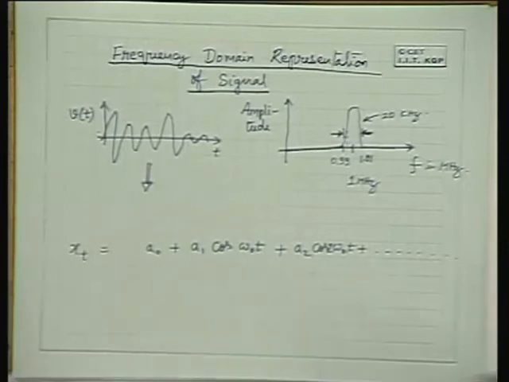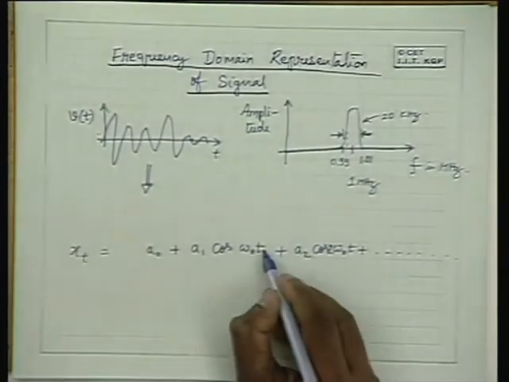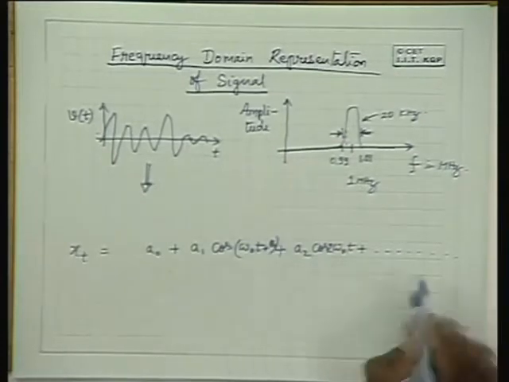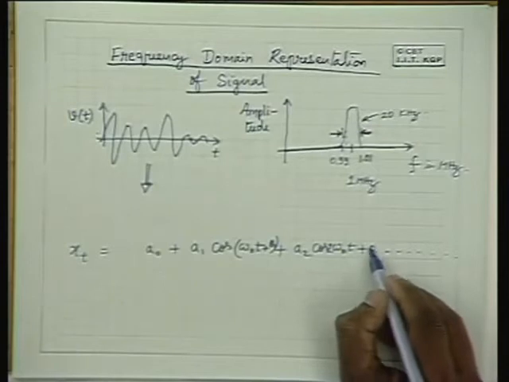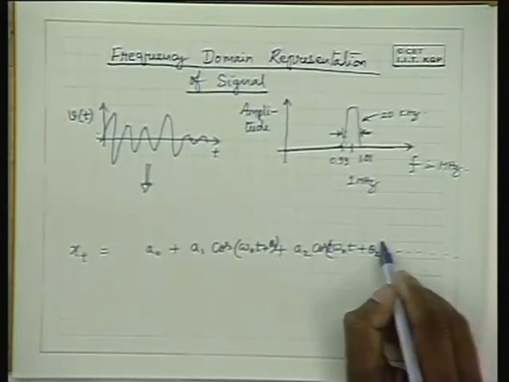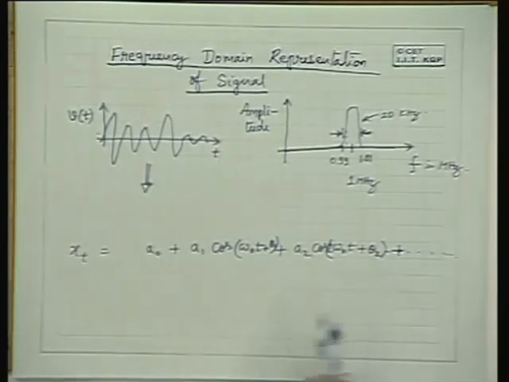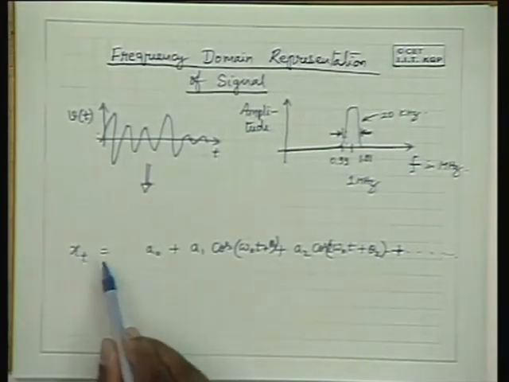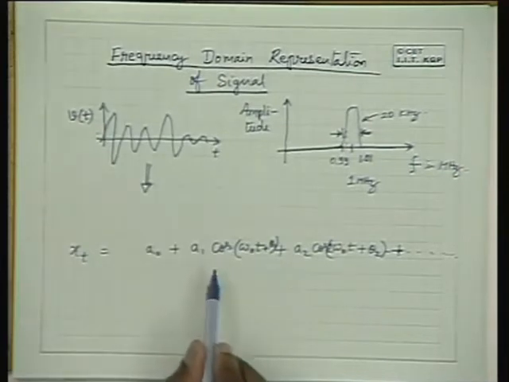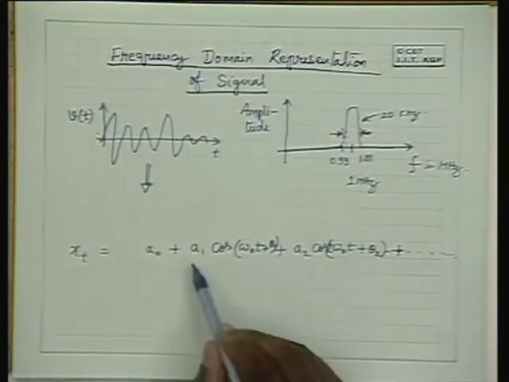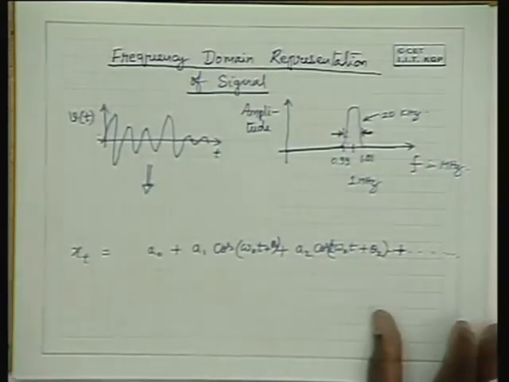A given signal can be decomposed into several cosinusoids and sinusoids. Let me add some phase term here. So, a given periodic signal can be represented as a sum of several sinusoids with different amplitudes and different phase shifts. I will give you an example here.